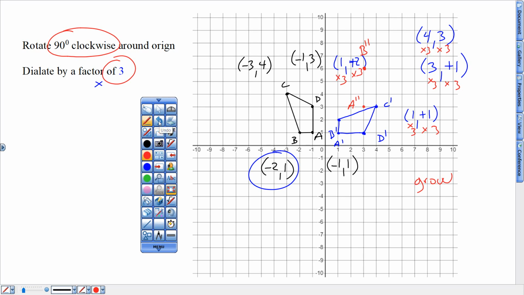So that becomes 12, 9. So over 12, up 9. That's going to be C double prime. And then my last one, this one times 3, that's going to give me 9, 3. So right 9 up 3. I know that's becoming kind of a mess, but that's okay. We can live with that. Draw it.